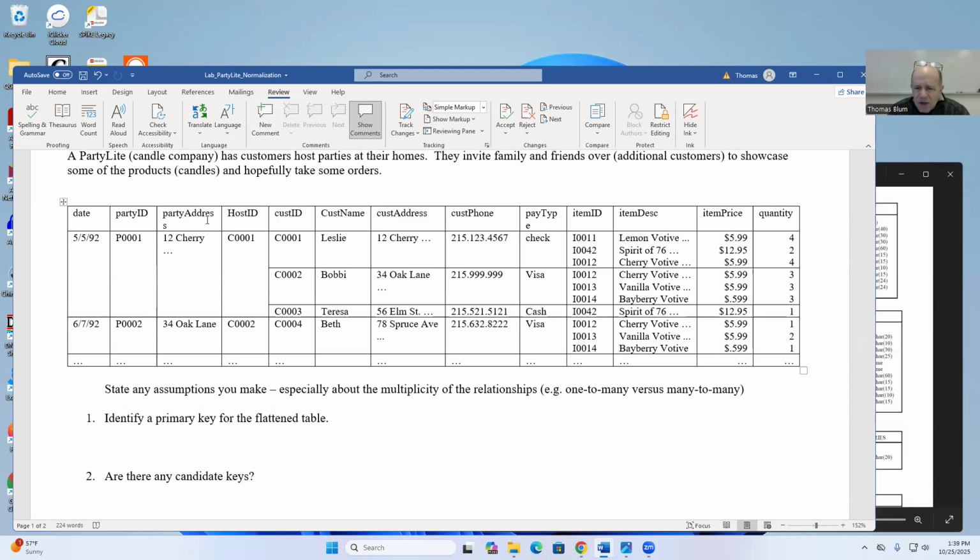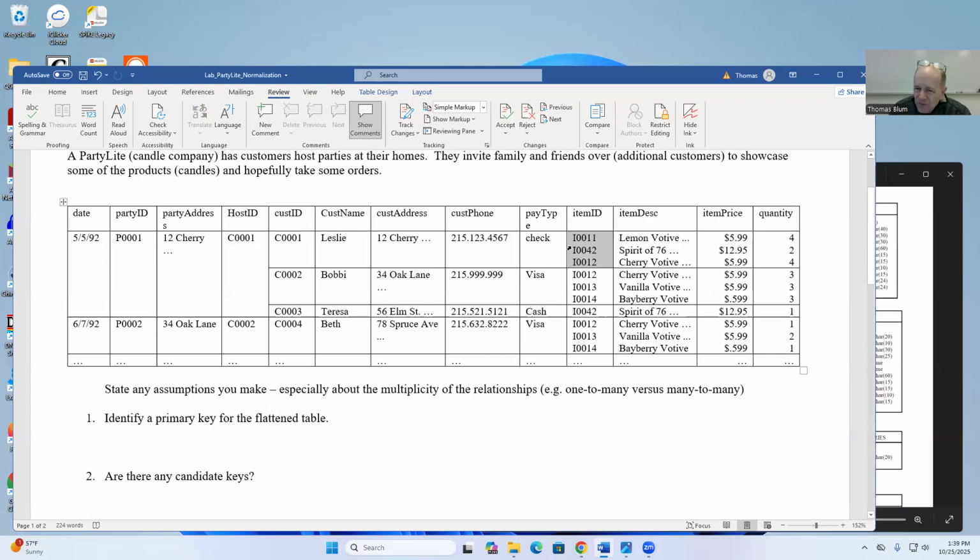So the first thing we want to do is put it in first normal form by flattening the table. We're not going to explicitly do that, but we're going to imagine that we have here a list of items, and we don't want that in a database.